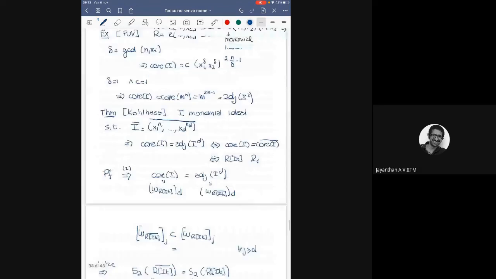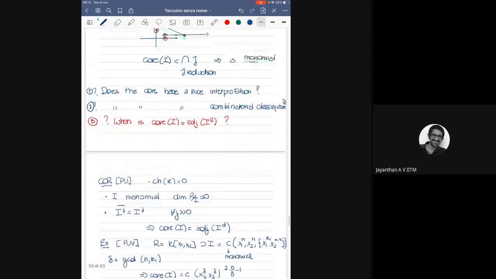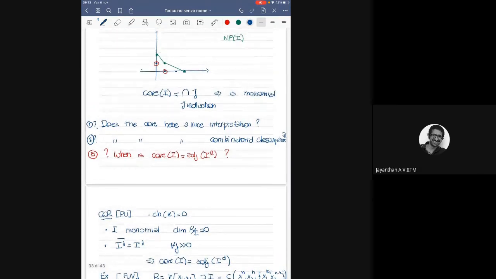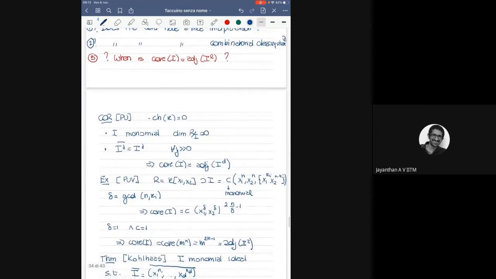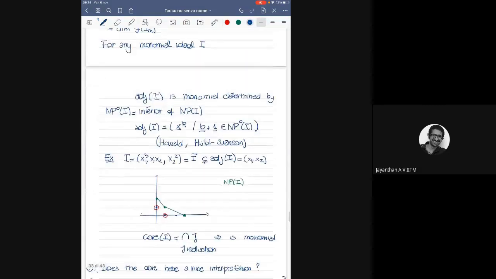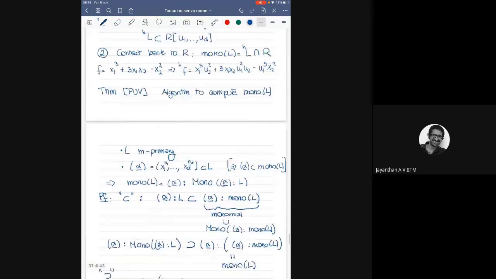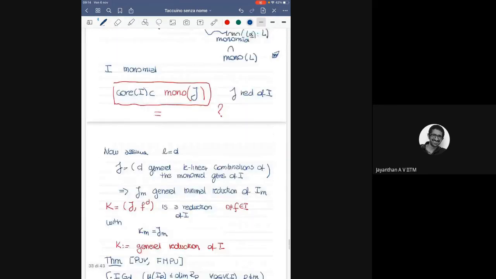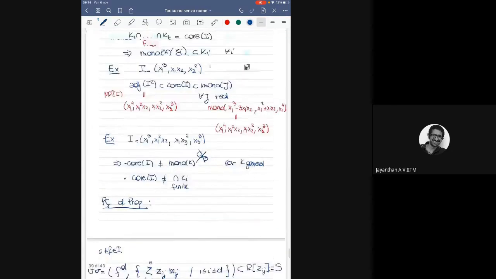I think for that we don't need forms of the same degree. For one inclusion, we have it anyway. So this formula will still be... no, we need forms of the same degree, even in that case, because we need to know that it's generated in degree D. So I would say that, no, I don't know. If it's not generated in the same degree, I don't know.